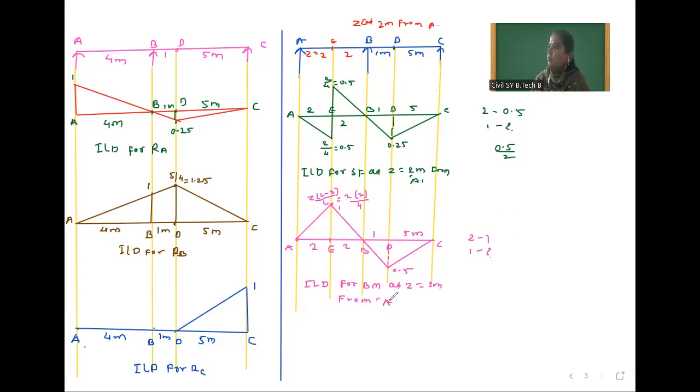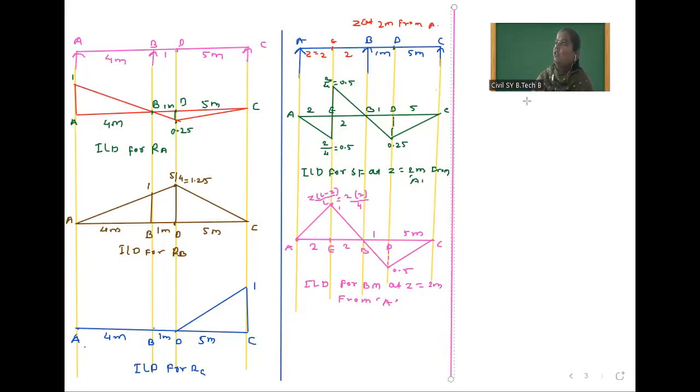This is the first possibility. Now we will check the second possibility, if Z is in between B and C. I will write here the second possibility.